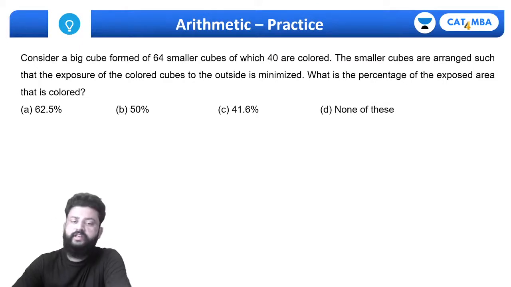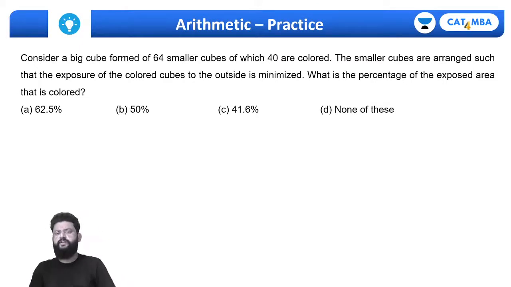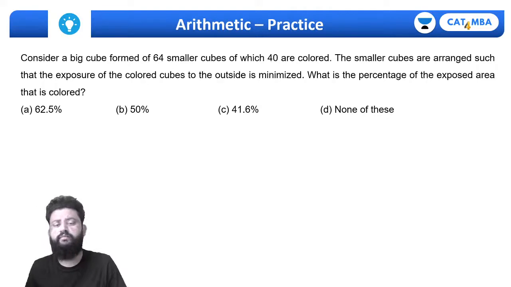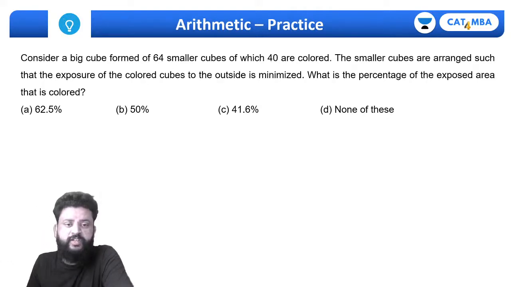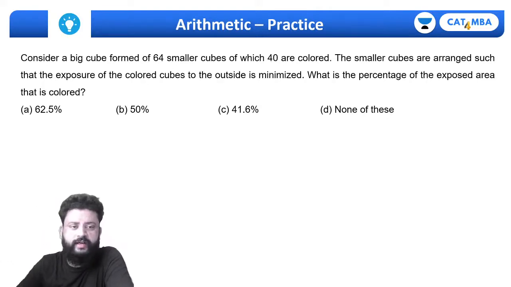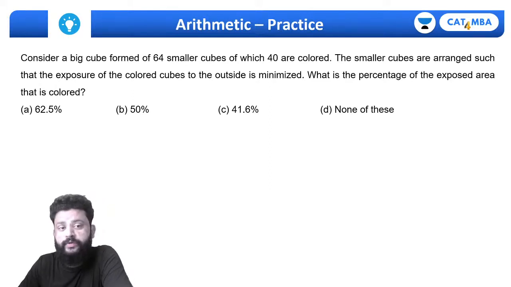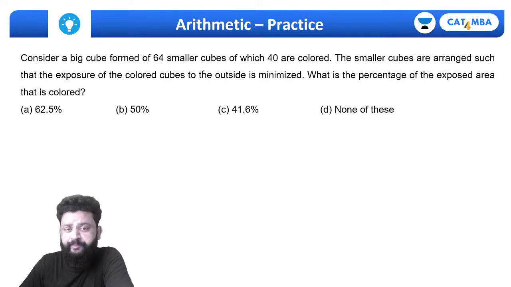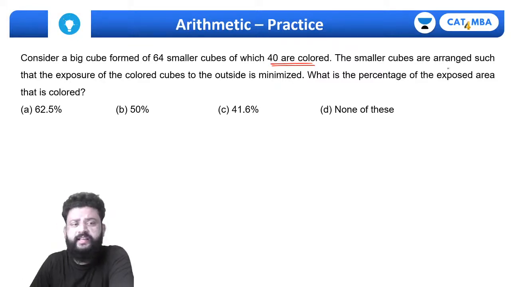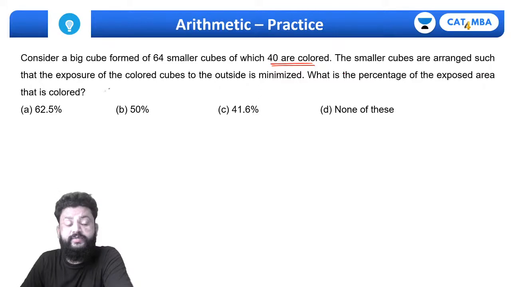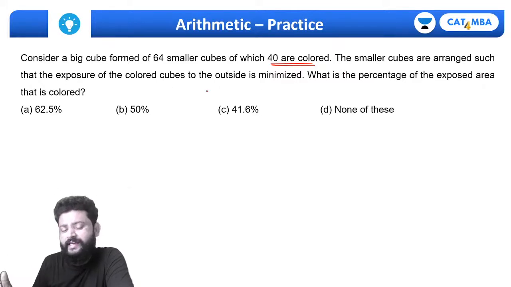A really interesting question. It's a bit of basic percentage, but more of a logical puzzle, where we have to imagine how to place the cubes. A big cube is formed by 64 smaller cubes placed side by side, but out of 64, 40 are colored, and the smaller cubes are arranged such that the exposure of the colored cubes to the outside is minimized.